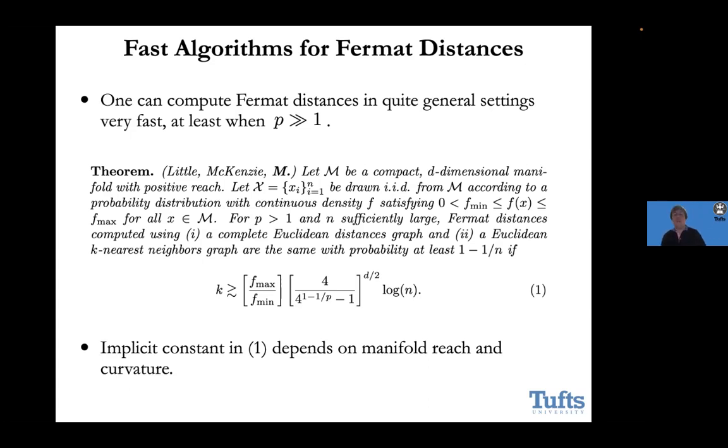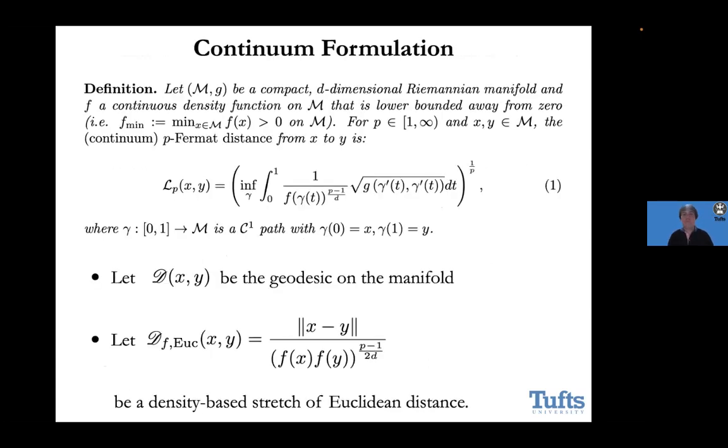So this bound is very poor as P goes towards 1, but it's quite good as P goes to infinity, albeit you still end up with a small constant to the power of D. So basically you can run this on large data sets just by using nearest neighbors graphs. And then of course you need to be able to compute a Euclidean nearest neighbors graph fast. That's an incredibly well-studied problem that I won't get into.